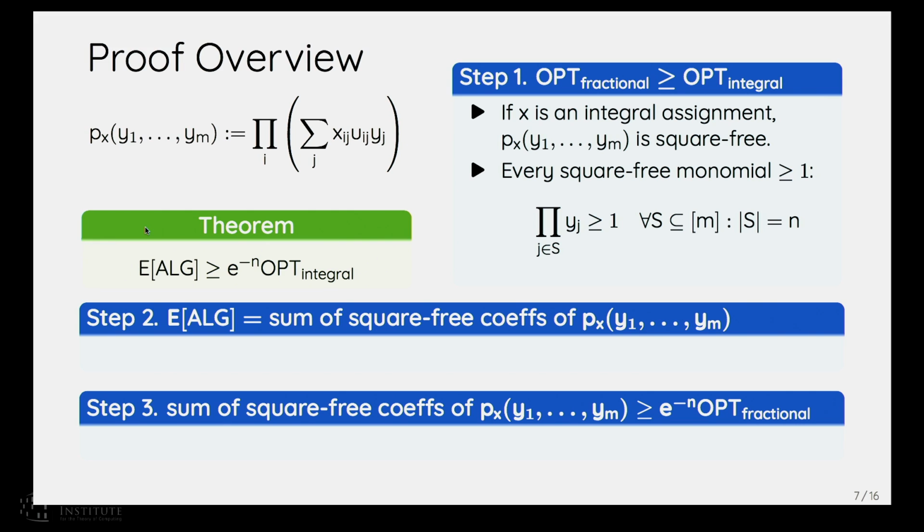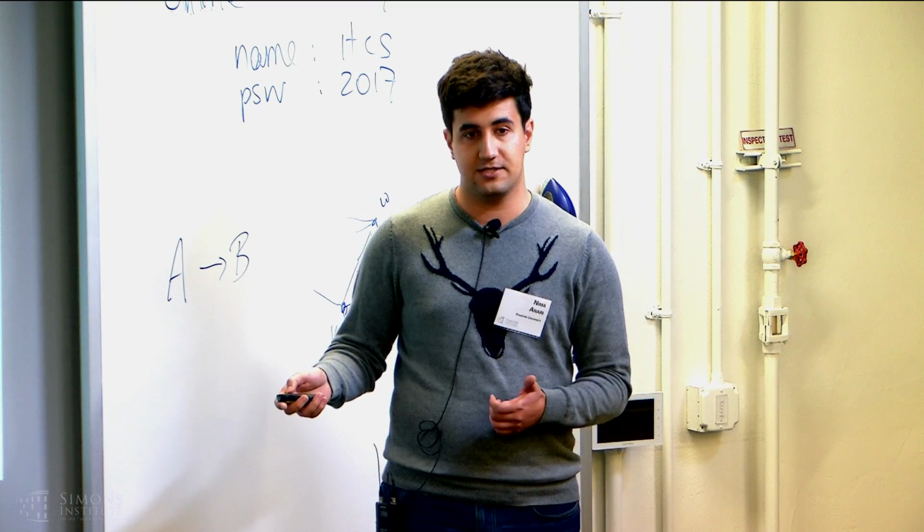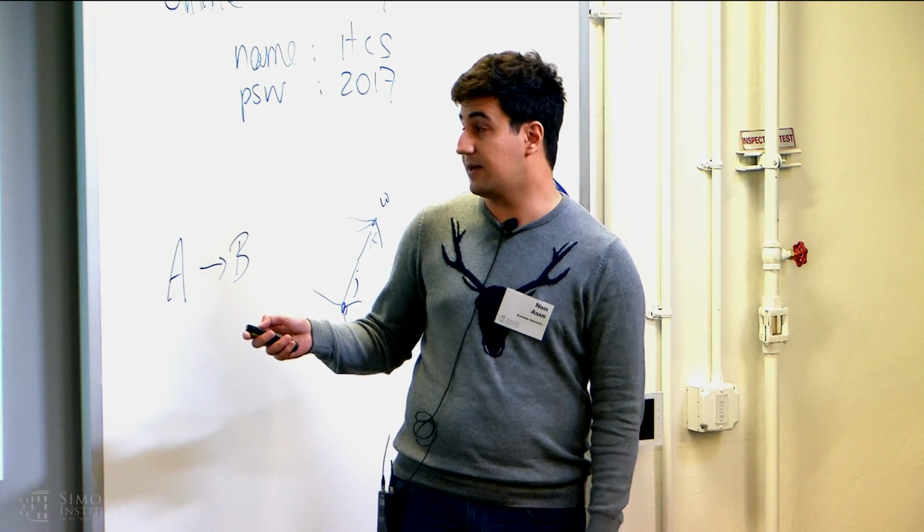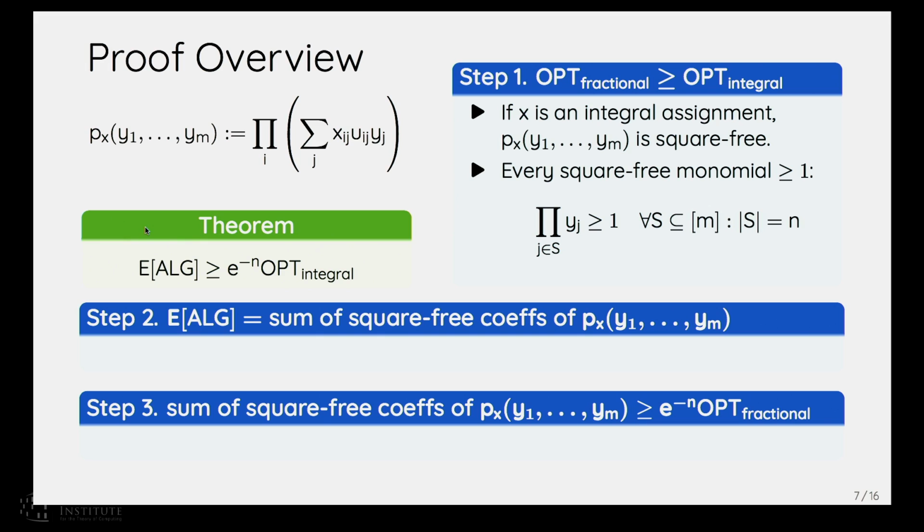Now, the conditions we had in the fractional solution were exactly that any set of n yj's should have a product of at least 1. Or in other words, every square-free monomial that you can form with the yj's should be at least 1. So every square-free monomial of the yj's that appear in this product is at least 1. Therefore, the sum is exactly the same as if the yj's were all equal to 1, which would be the first relaxation.